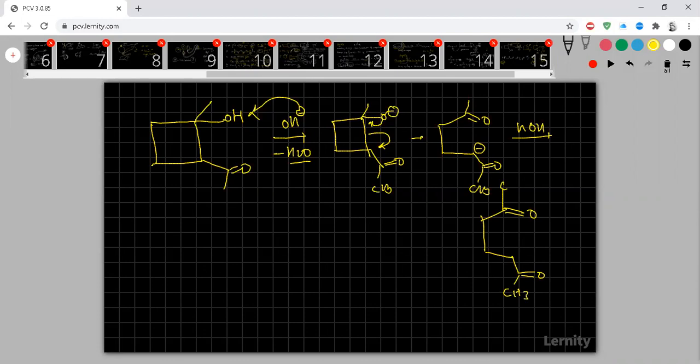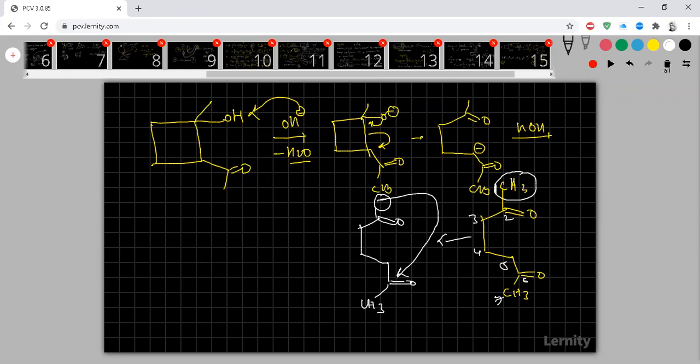Now you can take the hydrogen from any carbon, right? In that case, I'm going to take the hydrogen from this carbon. So 1, 2, 3, 4, 5, 6, 7. And after removal of the hydrogen, you will get the negative charge here, C double bond O, and this is what we will get. And this will come and attack at the 6th carbon. So we will get the 6-member ring.